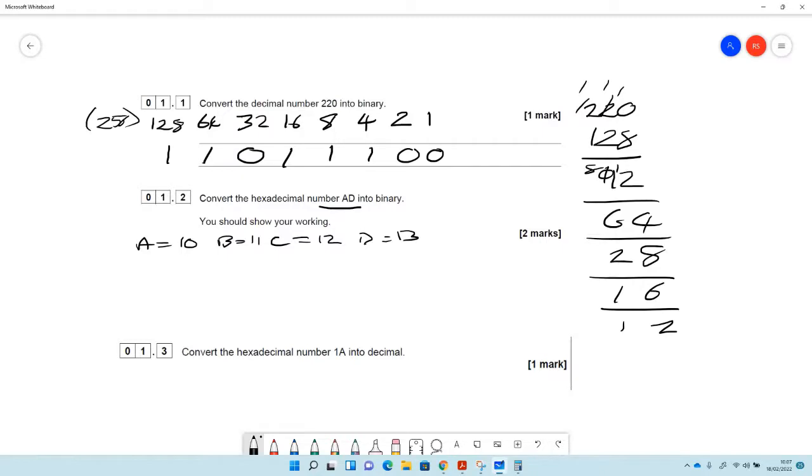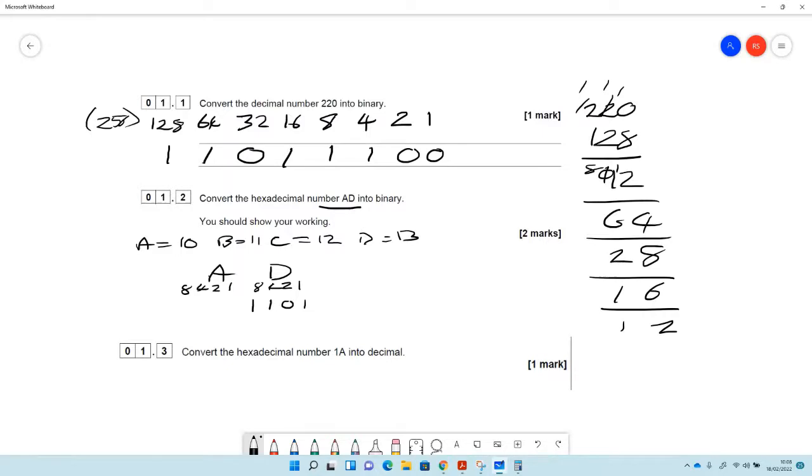So then we're going to put them next to each other because that's the way hex is, AD, and we just put our numbers 1, 2, 4, 8 under each one. 1, 2, 4, 8. And D is 13, so 8 and 4 and 1.